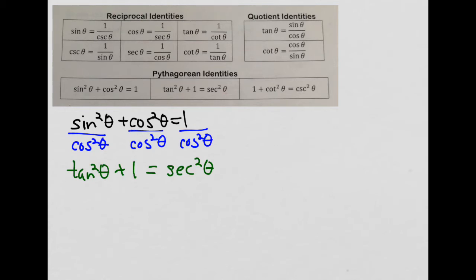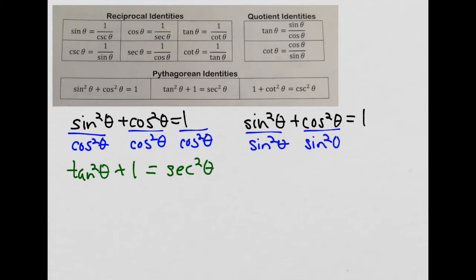We can do the same thing, only divide by sine in order to get the other identity. So this time we're dividing by sine squared on both sides, which means we're dividing everything by sine squared. So sine squared over sine squared is 1. Cosine squared over sine squared.